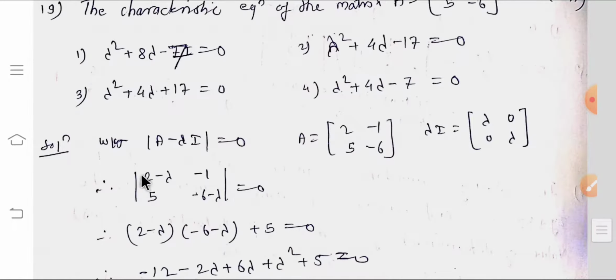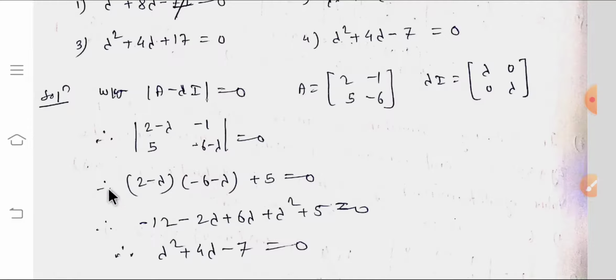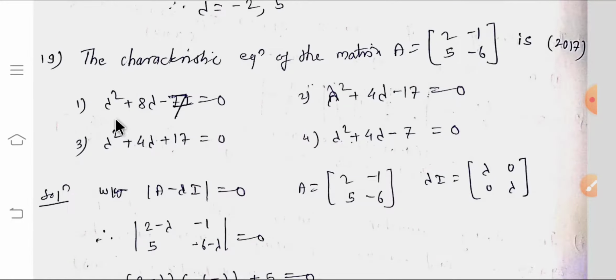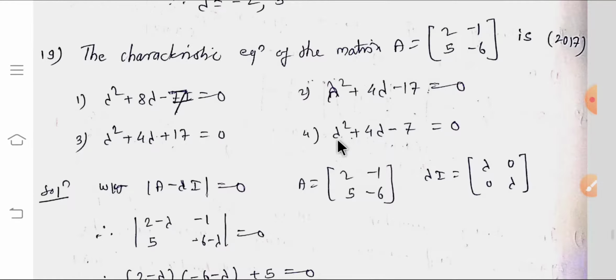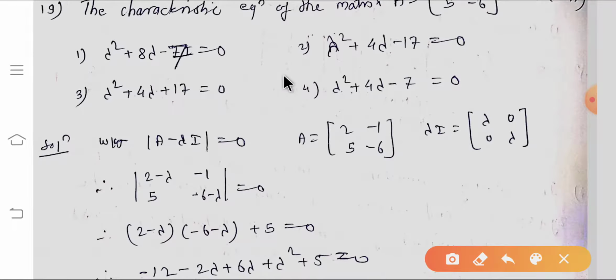Expanding this determinant: 2 into minus 6 is minus 12, minus 2 lambda plus 6 lambda plus lambda square plus 5 equal to 0. So lambda square plus 4 lambda minus 7 equal to 0. Option number 4 is the right option.